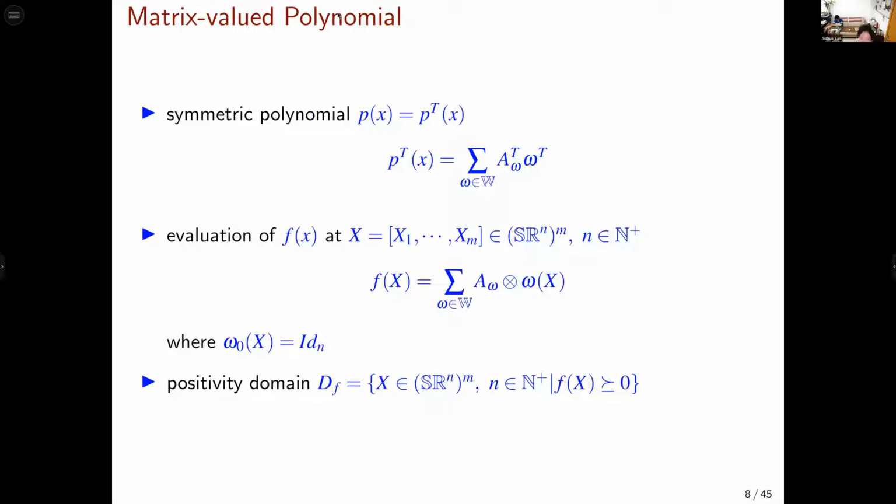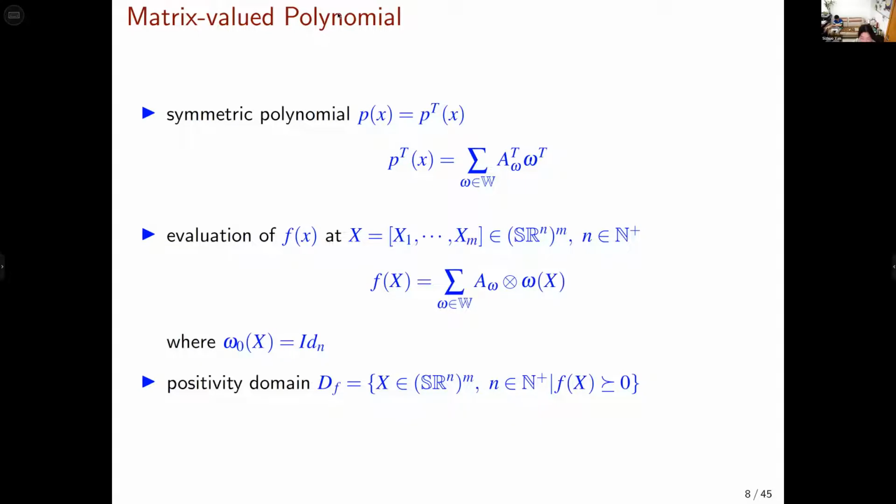We use the tensor product to connect the coefficients and the variables. The evaluation of the empty word omega 0 is the identity matrix.